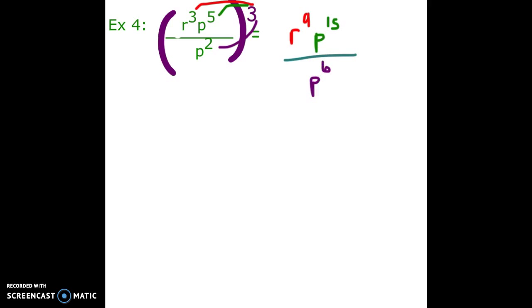This is not going to be my final answer because I've got p's in the numerator and in the denominator. So I have to use that rule that we started with during this lesson to simplify. My r to the 9th stays the way it is. P's in the numerator, p's in the denominator, I need to subtract. 15 minus 6 is going to leave me with p to the 9th. So r to the 9th, p to the 9th is my final answer.